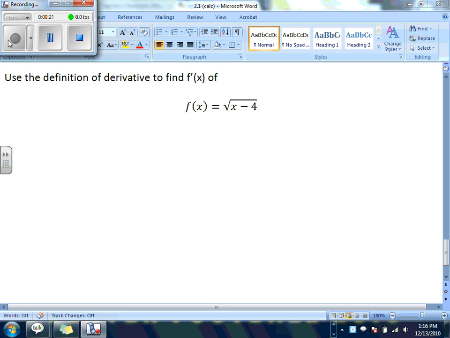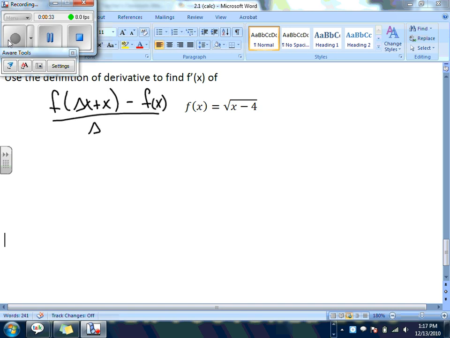If you remember from a previous video, the definition of derivative is f of x plus change of x, or change of x plus x, doesn't matter, minus f of x, all over change of x. And we're going to take the limit as change of x approaches 0. Okay, so I'm going to plug in x plus change of x, anywhere we see an x value, into our original equation.